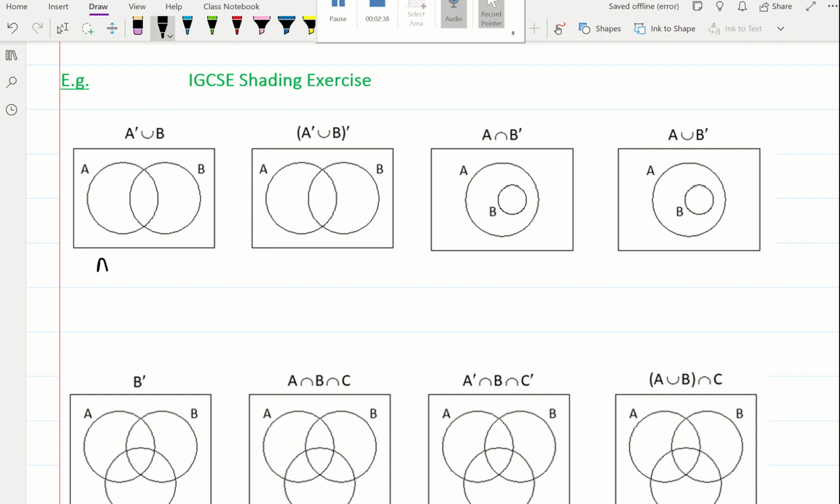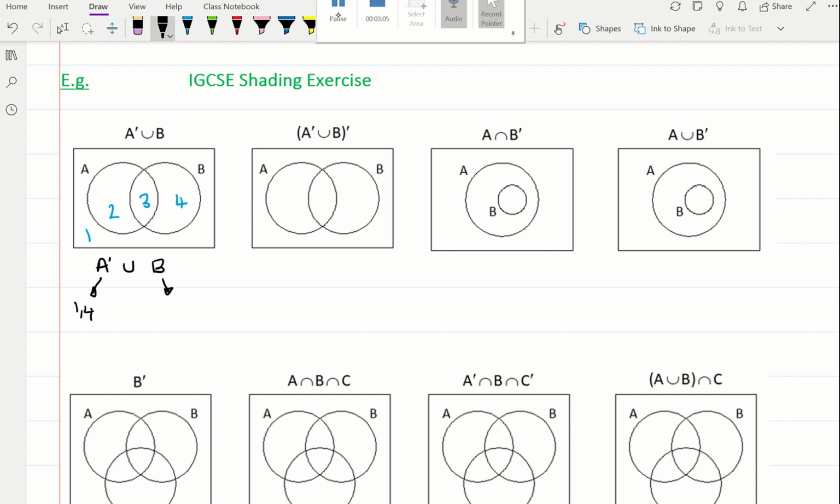So the first part says shade the union of the complement of A and B. So what I do is I number each little part of my Venn diagram, 1, 2, 3, 4, so each separate region. And then I split my question into a list of numbers. So the complement of A, not A, is 1 and 4.